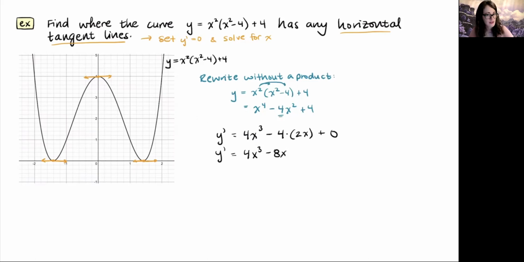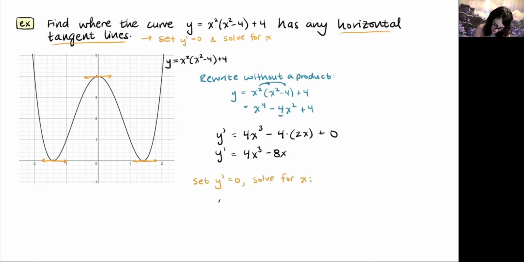Now we haven't answered the question yet, right? We want to find the locations or the x values, and find where this curve has horizontal tangent lines. So we're going to set y prime equal to 0 and solve for x.